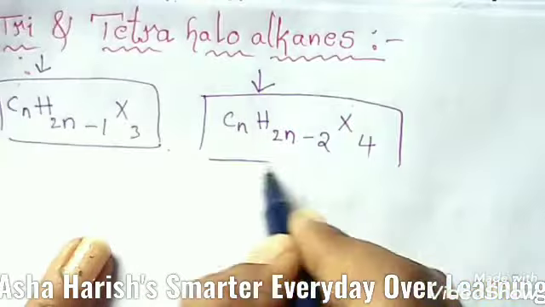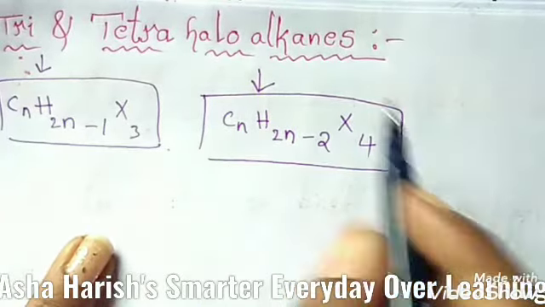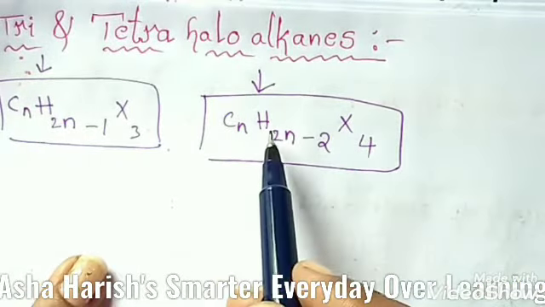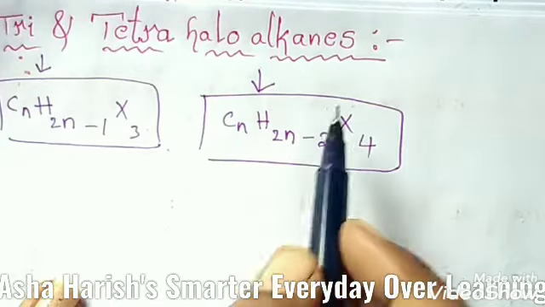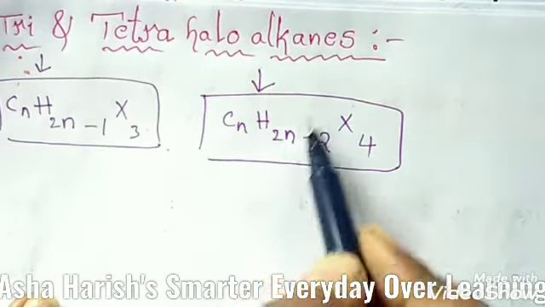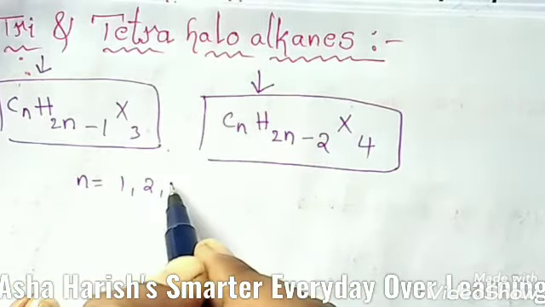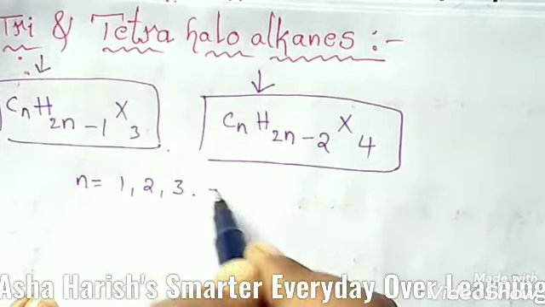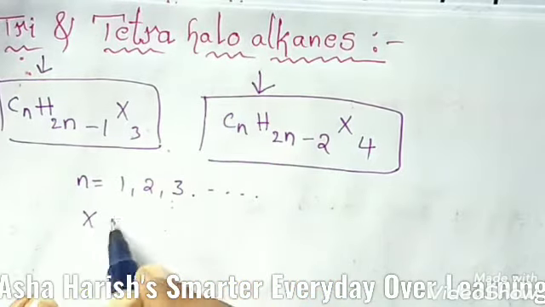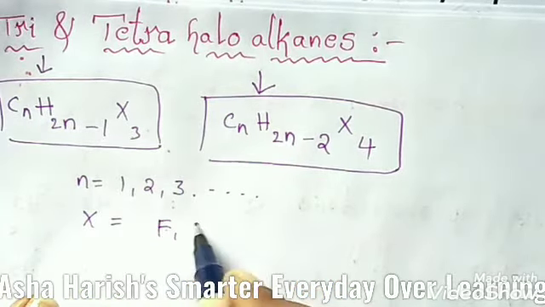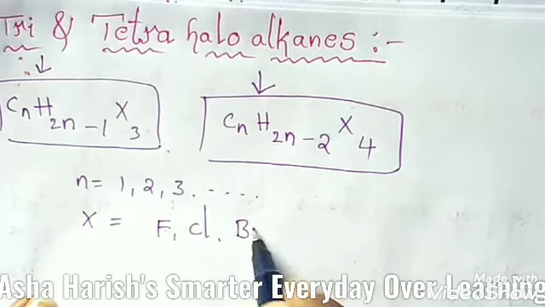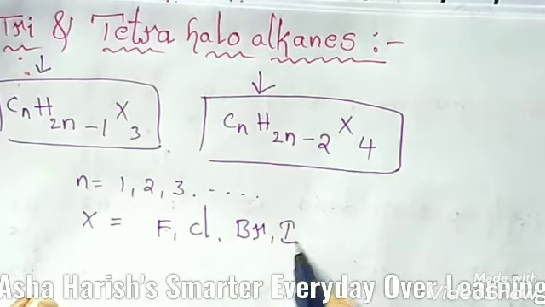Okay students, these two are the general formulae for trihaloalkanes and tetrahaloalkanes. Here for these both, you can take in the place of n, 1, 2, 3, etc. In the place of X, you can take the halogen atoms just like fluorine, chlorine, bromine and iodine.